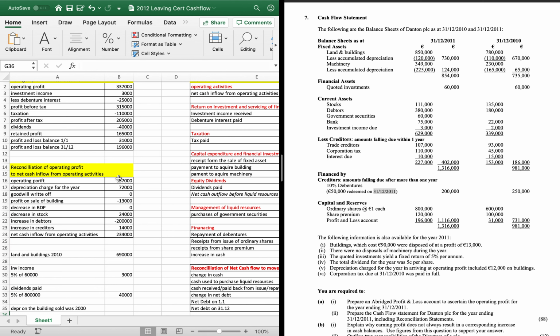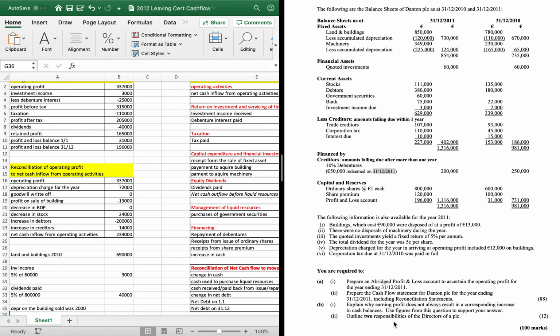Other ones you could use. Another one might be goods could be purchased for cash and sold on credit. So your sales will increase, so your profit will increase, but your cash has decreased in that scenario until you get the money back from receiving it.